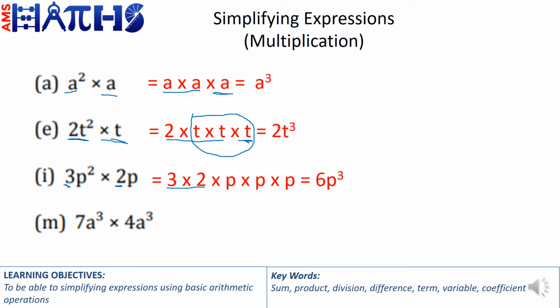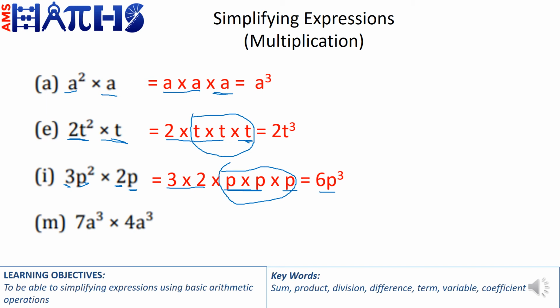Then p squared is indicated p times p, and then our final p here is indicated here. As we can see, we have 3 p's again being multiplied, and so we would get 3 times 2, 6. Then p times p times p would be p cubed, and this is how we would write our answer, 6p cubed.